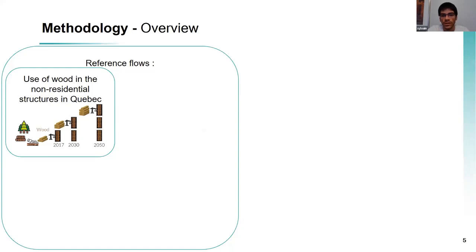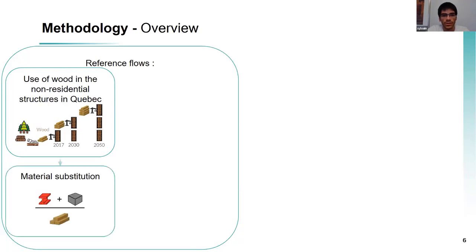Because in Quebec, around 90% of residential buildings are made of wood, and for non-residential buildings, the market share is around 30%. So there is a potential increase for wood in the non-residential market.